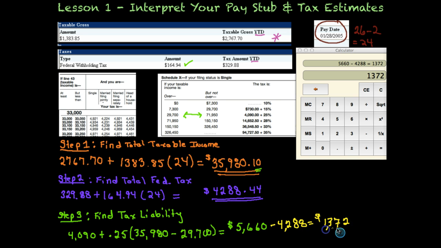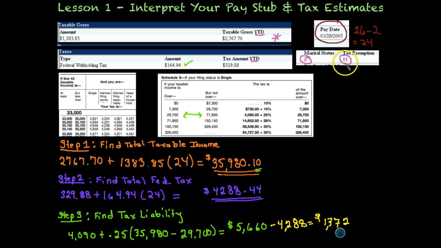So for this person, they would have to think, is 1,372 a reasonable amount to have to pay the IRS April 15th? If it seems like a lot, then this person needs to change their exemptions from 1 down to 0, and we're about to talk about that. Or if this seems okay, then this person's on track. So let's go ahead and look at how we do that.